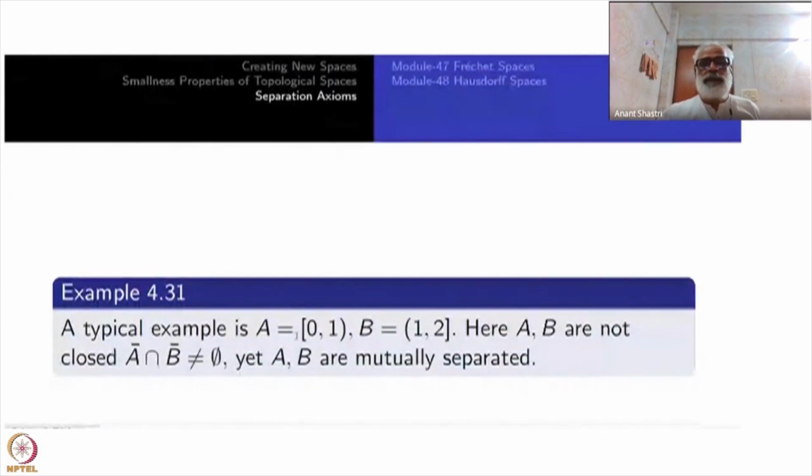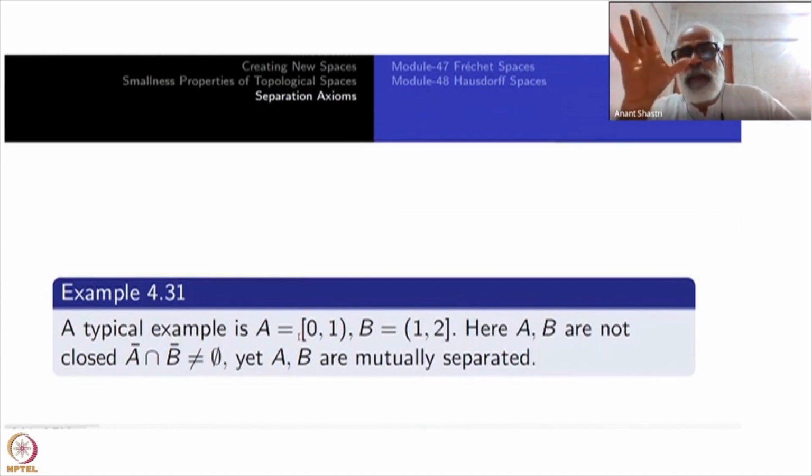A typical example of mutually separated subsets is like this: A is [0, 1) and B is (1, 2]. If you take A bar and B bar, they are not disjoint. They will have the common point 1.